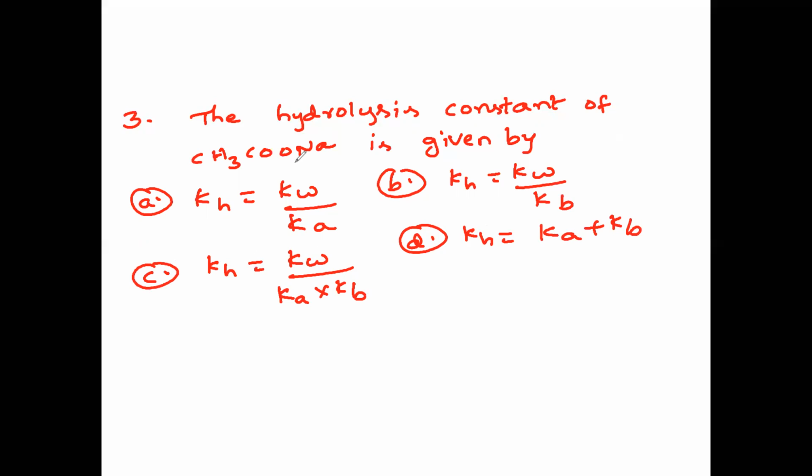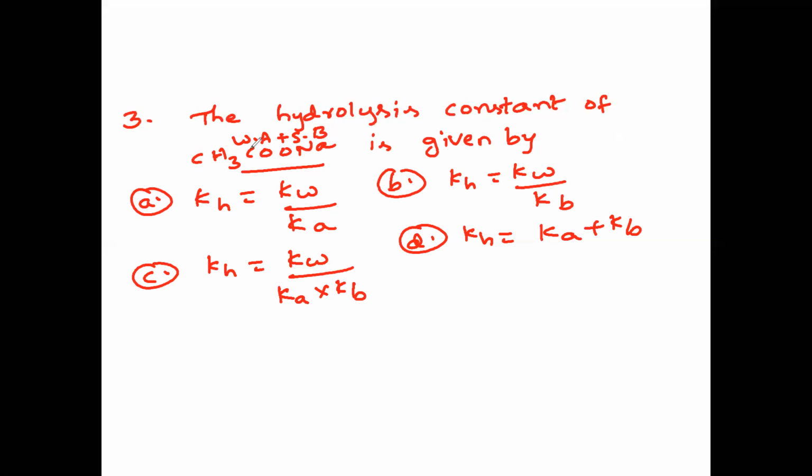For this also you have to identify the salt. What is the salt? It is a combination of weak acid and strong base. So either it undergoes anionic hydrolysis or cationic hydrolysis, and you can understand easily.